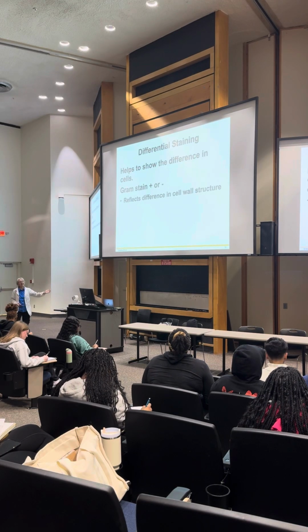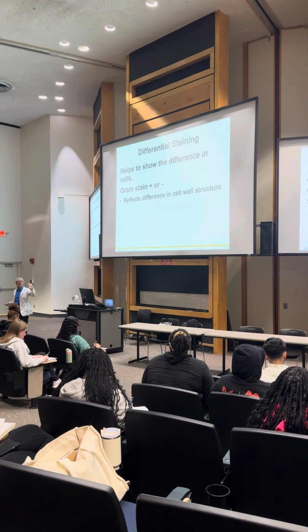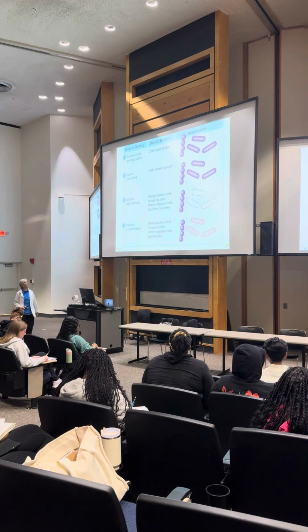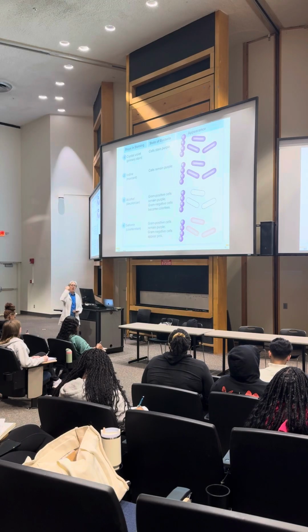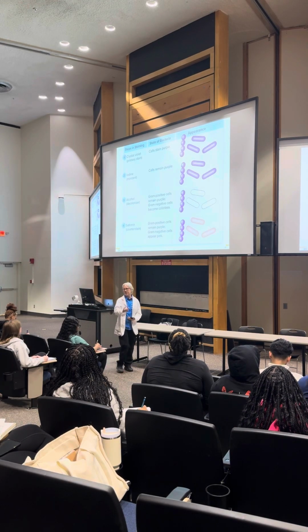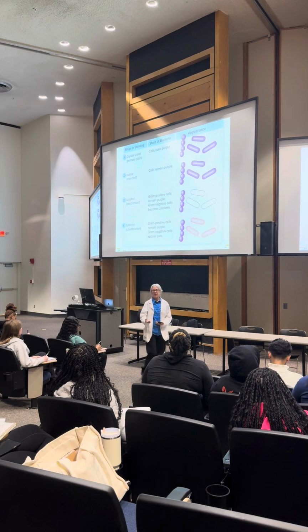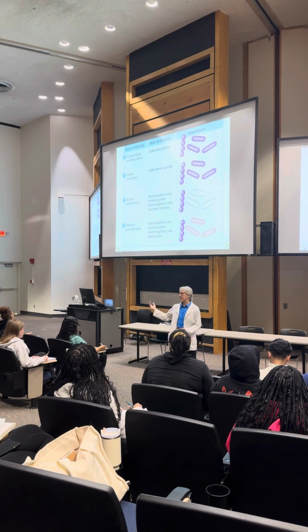We're trying to see the difference in that cell wall layer so we can identify if it's gram-negative or gram-positive. Ultimately, if we know what it is, we can figure out how to treat it, because we have drugs for gram-negative and drugs for gram-positive.